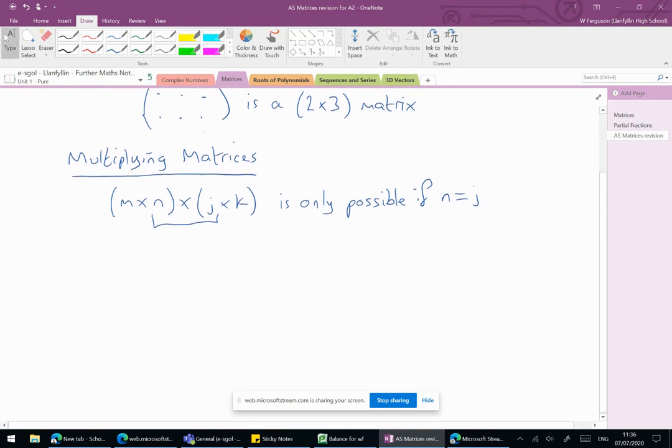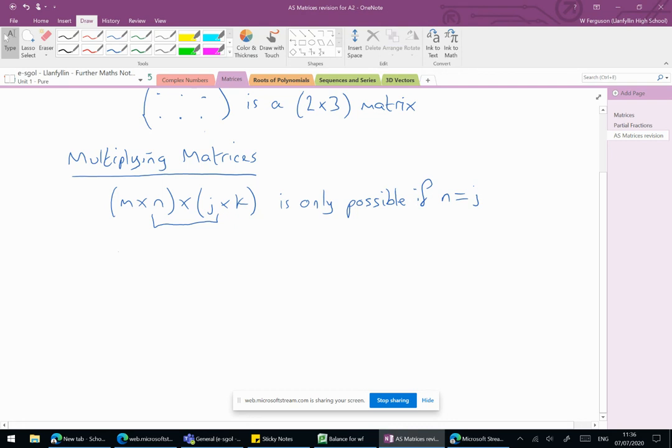And if that is the case, and we perform the multiplication of these two matrices, then the other two dimensions that we haven't used, so the first number in the first matrix and the last number in the second matrix, those two tell us the result.